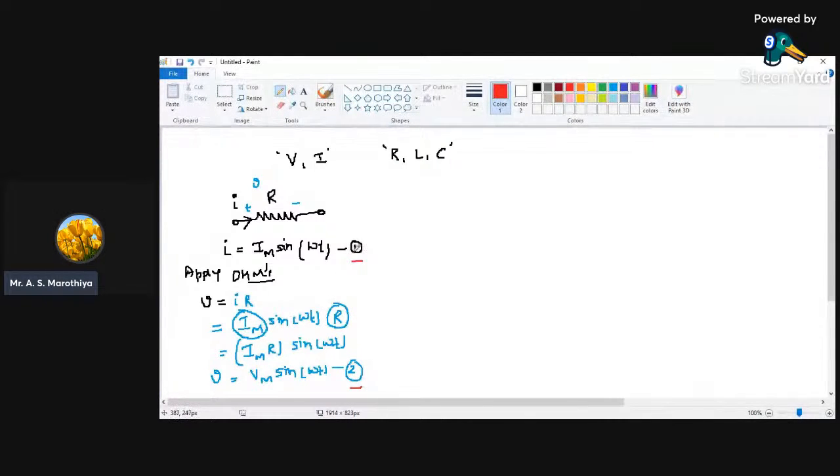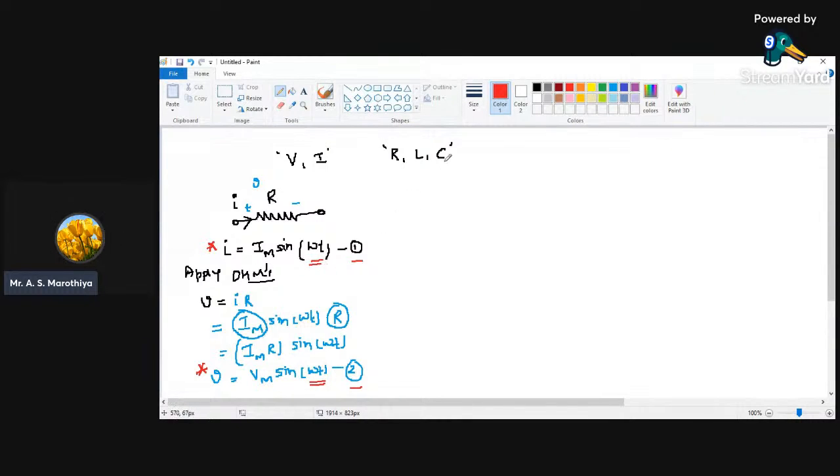From equation 1 and equation 2, it is very clear that both alternating quantities, this current and this voltage, exactly coincide with each other. That means there is no phase difference between them. Here i is I max sine omega t, so we don't have any phase difference. In the same way, v is V max sine omega t, and here also we don't have any phase difference.